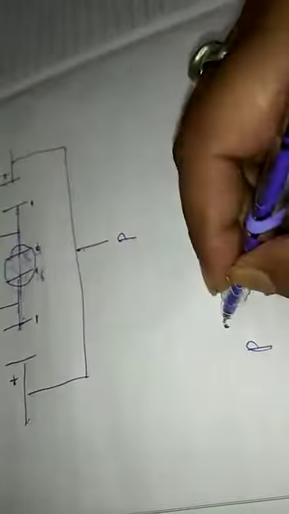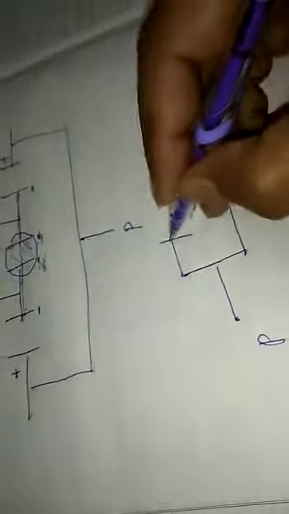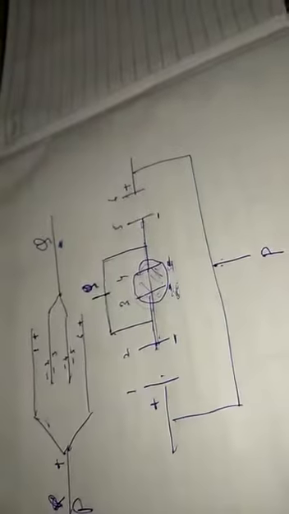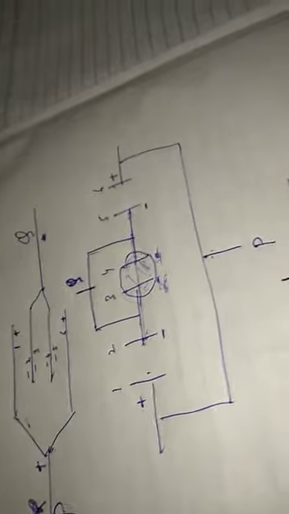So, from point P, two plates are coming: one is plate number 1 and the other is plate number 6. And for Q, two plates are coming, 2 and 5.